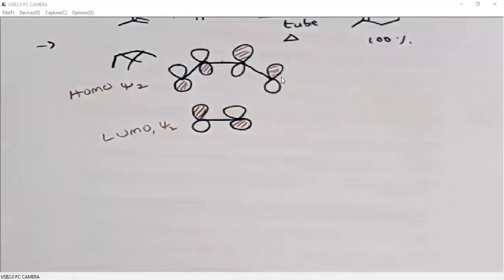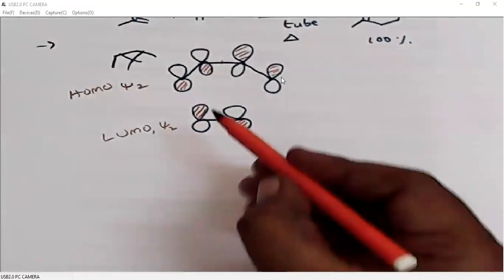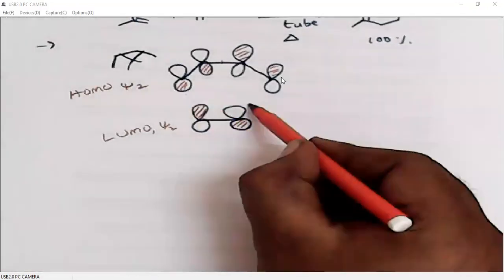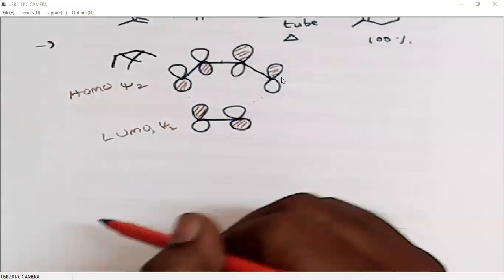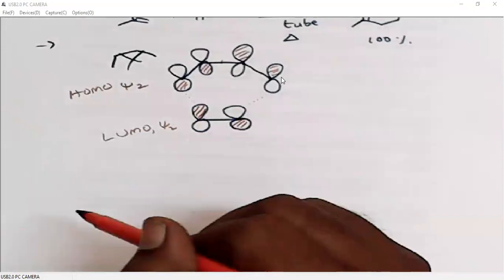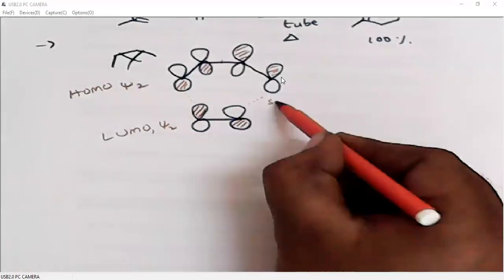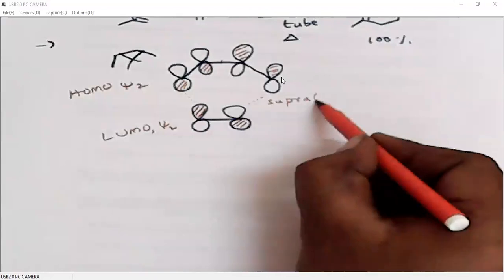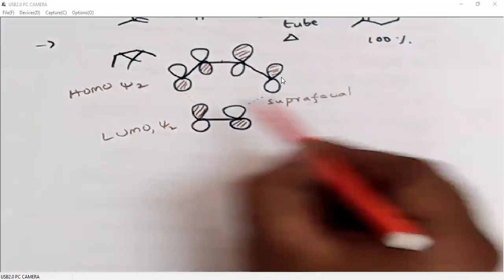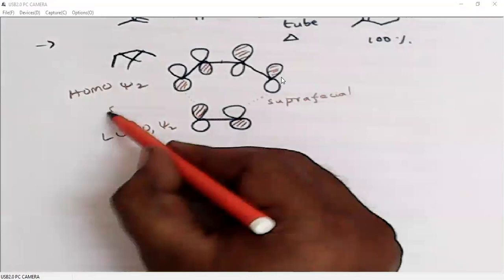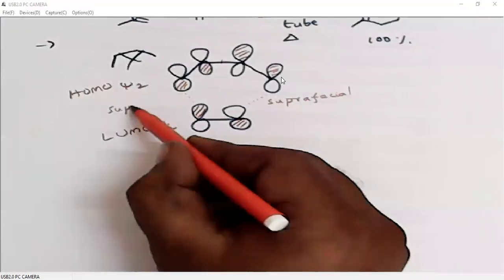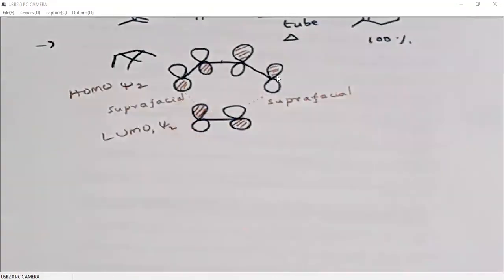So when we look at the molecular orbital approach for this Diels-Alder reaction, both the bonds are suprafacial bonding interactions. So both are suprafacial bonding interactions. That means it is a very facile reaction at high temperatures.